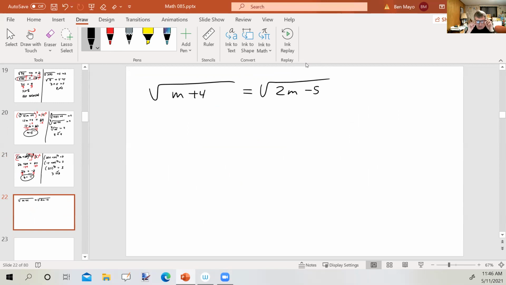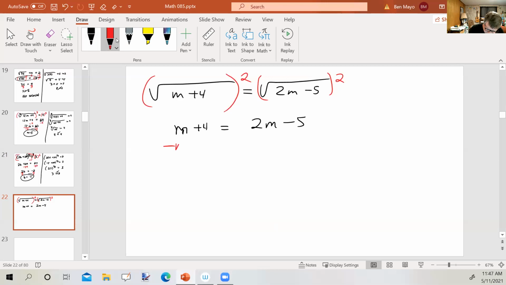Same here, we're going to separate the radical terms, one on each side of the equation. They're both square roots, so we will square both sides of the equation. So we get m plus 4 equals 2m minus 5.